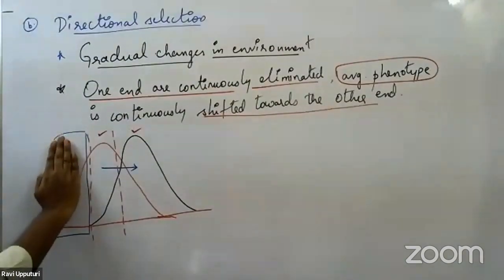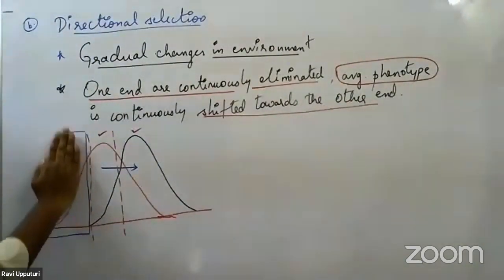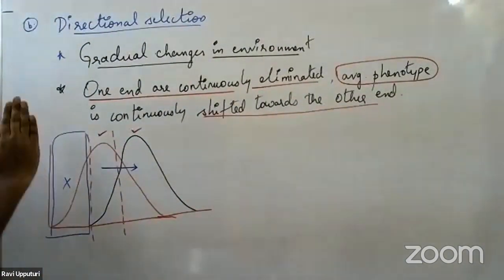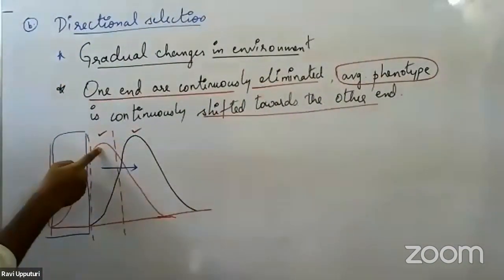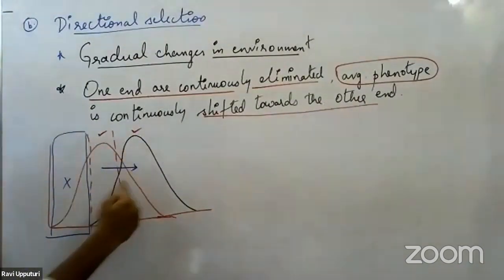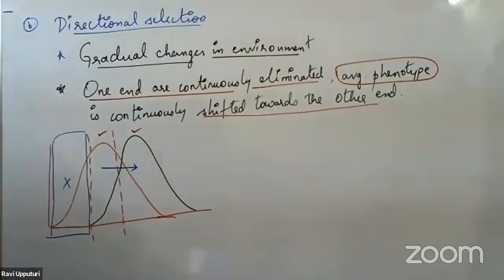As a result, the average phenotype, which was present here, has been shifted towards the other end of the phenotypic distribution curve. This is what happens in directional selection.